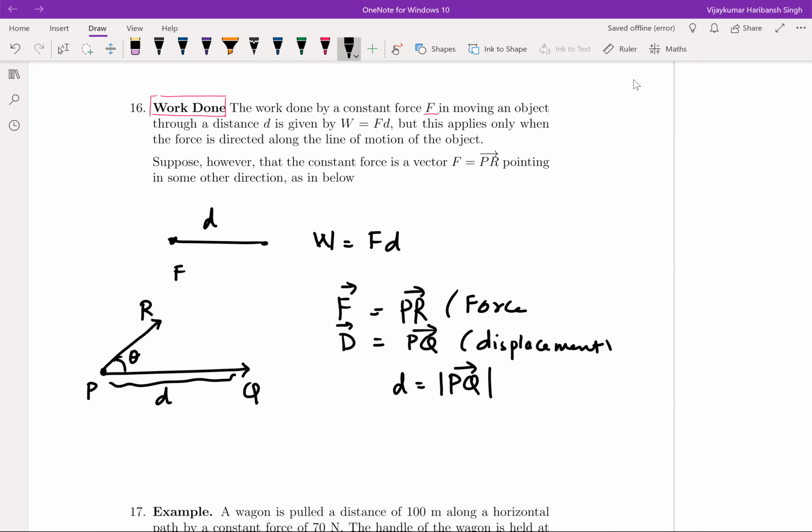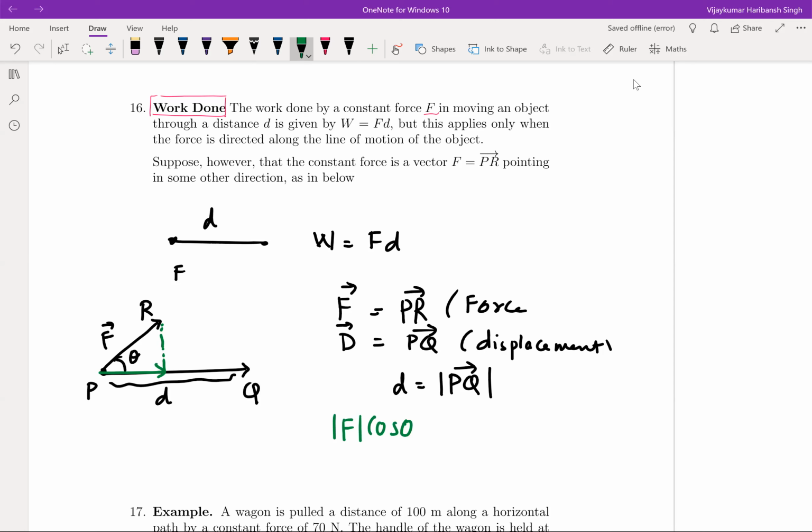Now what is the force acting in the direction of displacement? This is the amount of force acting in the direction of the object. That is given by the length of F times cos theta, right?